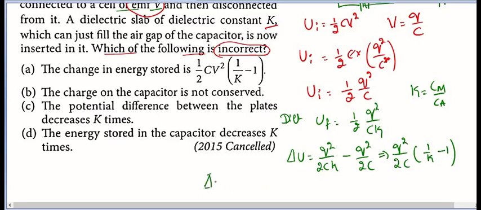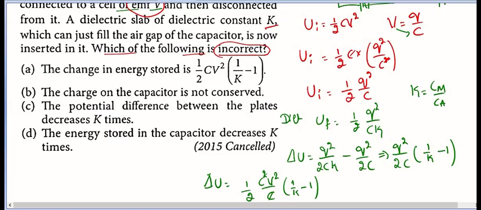So the change in energy, putting Q as CV, is 1 by 2 C square V square divided by C into 1 by K minus 1. One C gets cancelled, so it is 1 by 2 CV square into 1 by K minus 1.